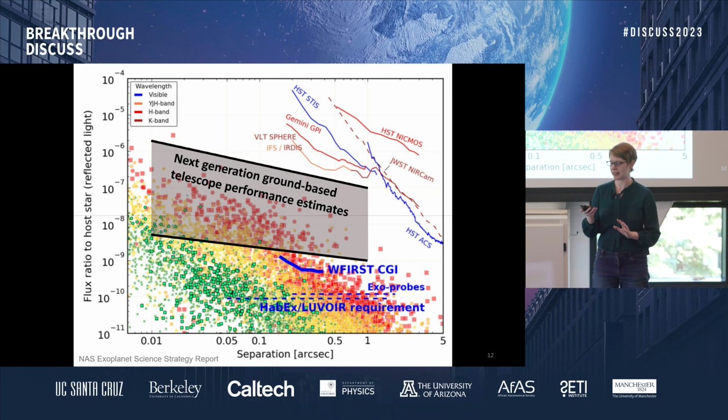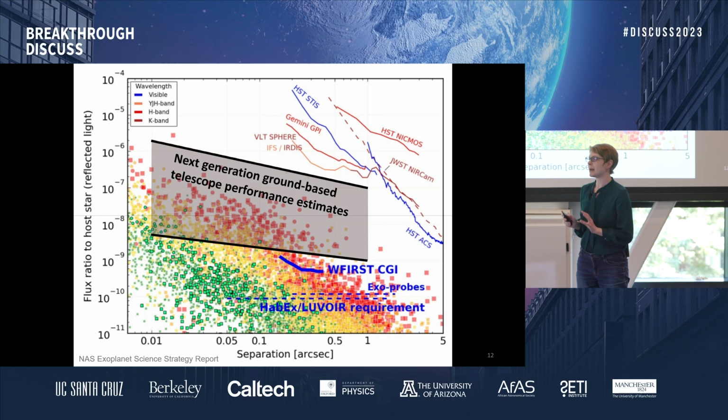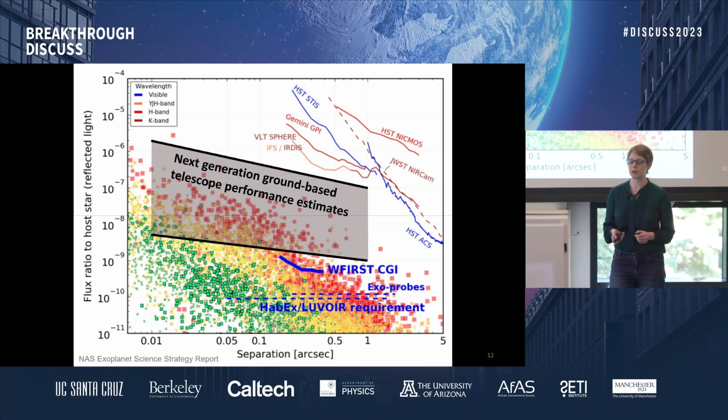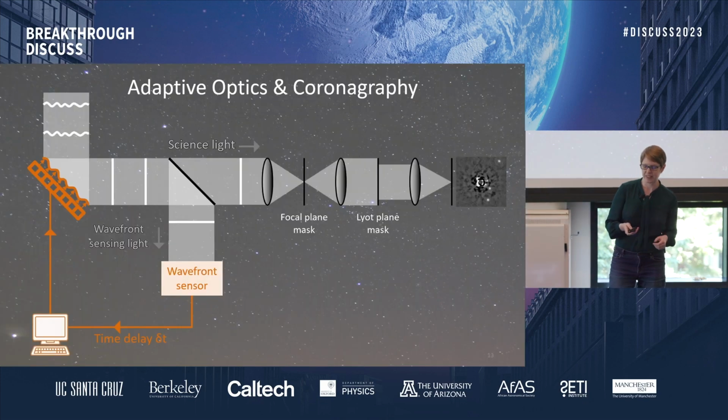The lower curve, or line, is the kind of performance that we think we could achieve if we overcame some of the major technological barriers for adaptive optics and high-contrast exoplanet imaging today. So for the rest of this talk, I'm going to tell you about what, in my view, are some of those most exciting areas.